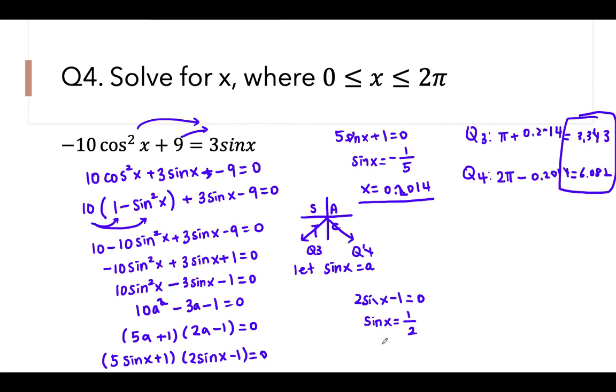If I do the inverse of sine, you will get pi over 6, which is 30 degrees. So we found my related acute, which is pi over 6.